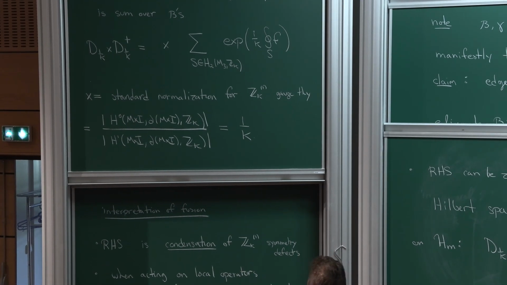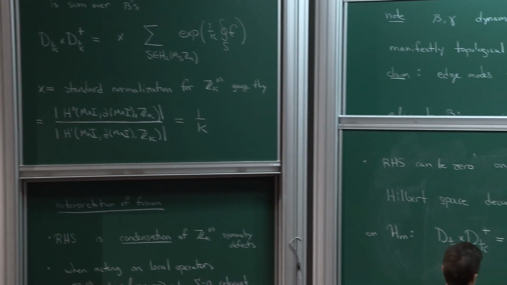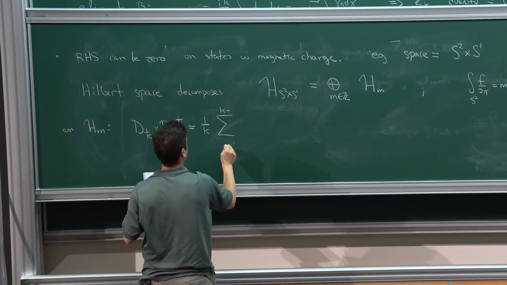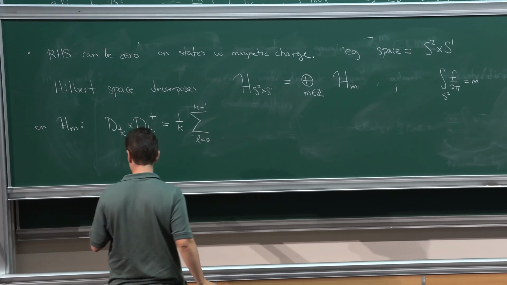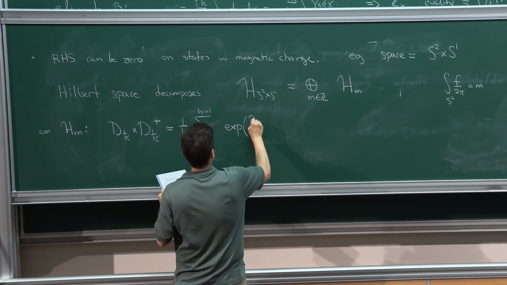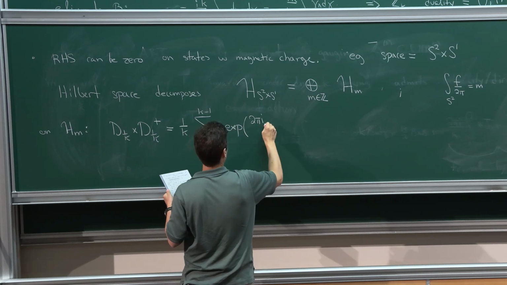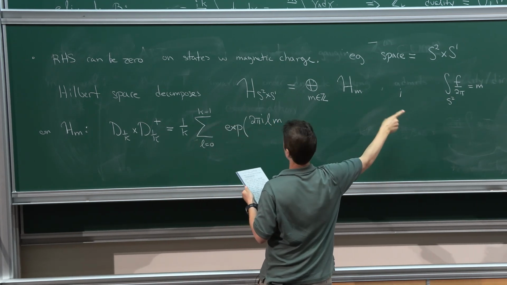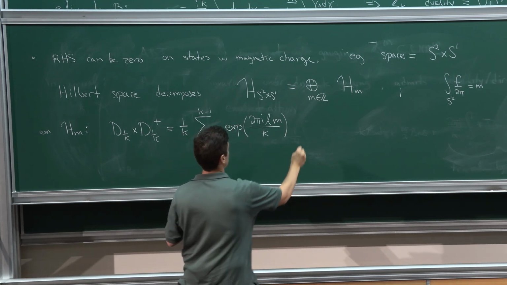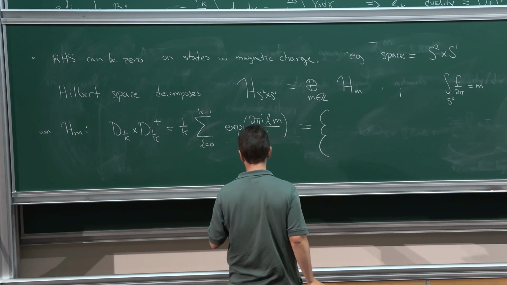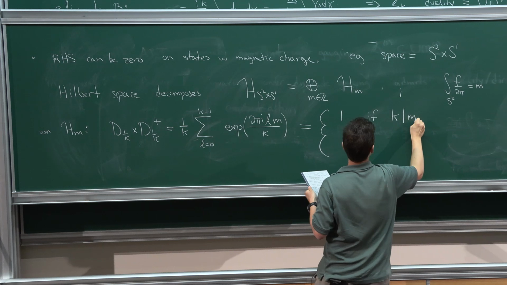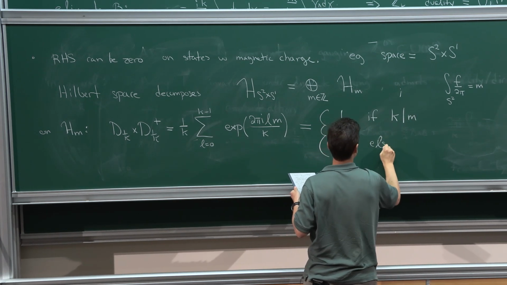So that sum over 2-cycles is just a sum from l equals 0 to k minus 1 of a phase, e to the 2 pi i l m, from the magnetic charge, over k. And I think we can hopefully evaluate this. This is 1 if k divides m, and 0 otherwise.